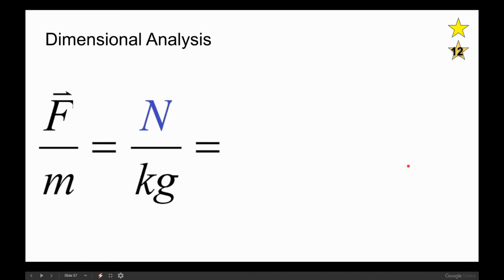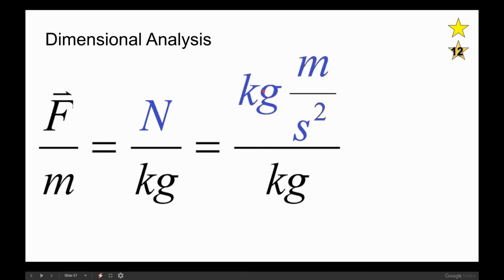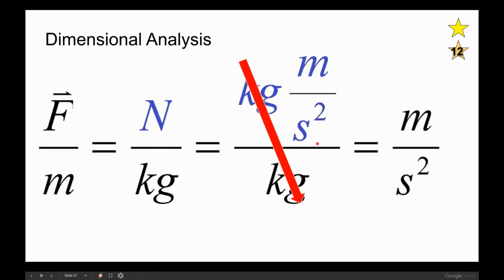If I write newtons per kilogram, and I expand what a newton is really hiding, which is mass times acceleration, we can see a cancellation happens, and in fact a newton per kilogram is in fact a meter per second squared by definition, because a newton is a derived unit. It's hiding mass times acceleration already.